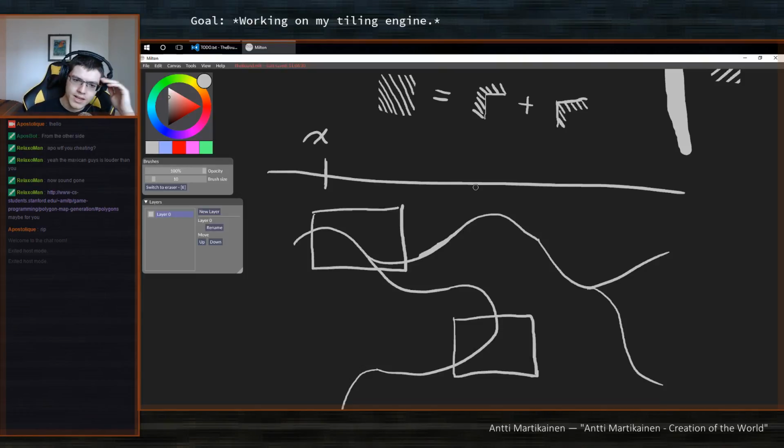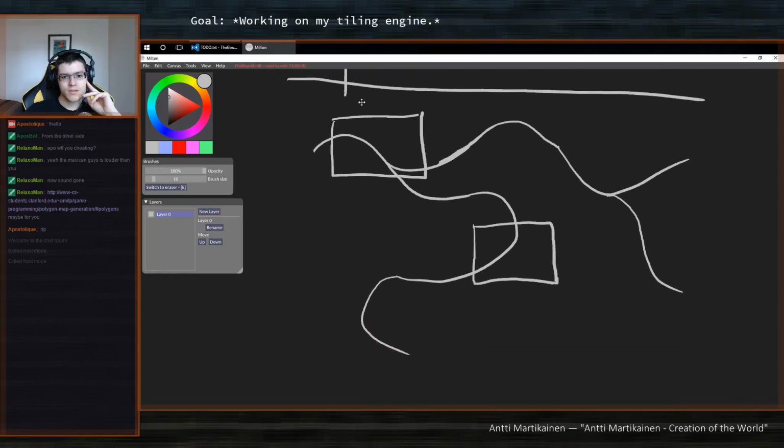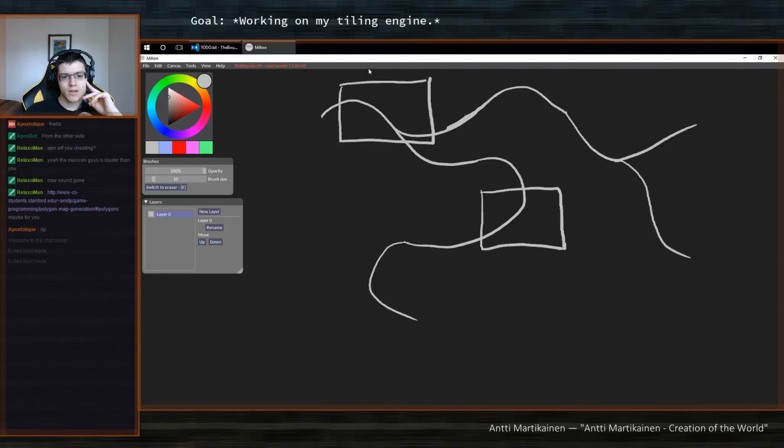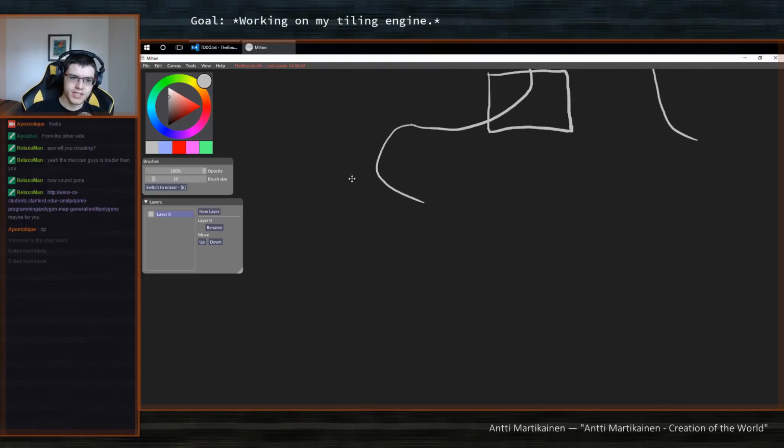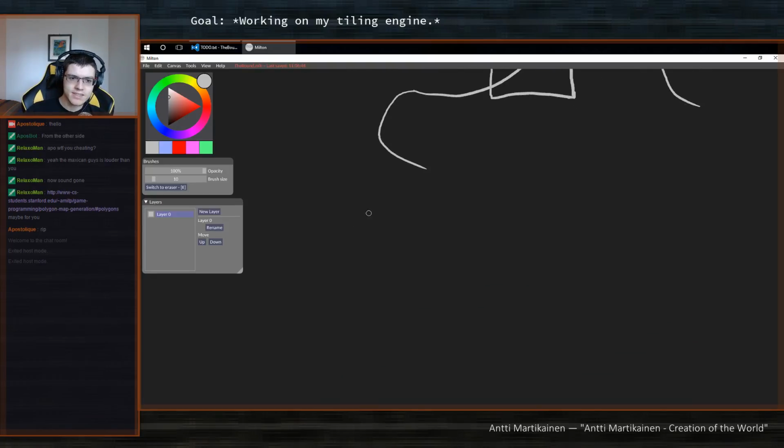Okay, so I need this sort of function that takes something like an x.